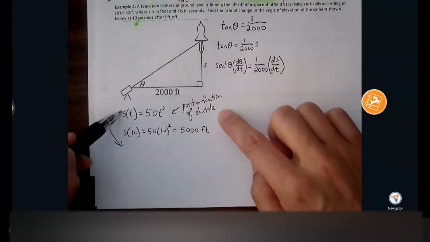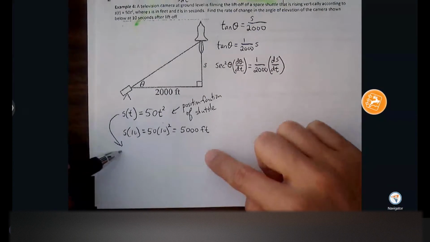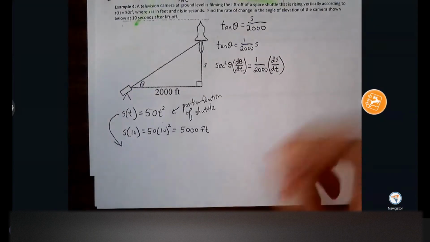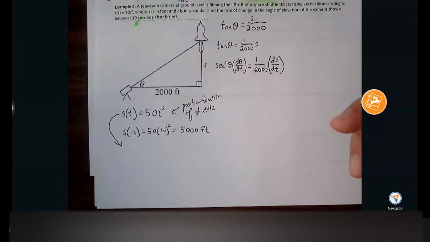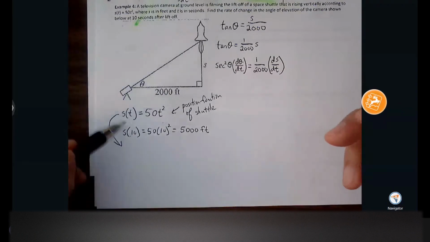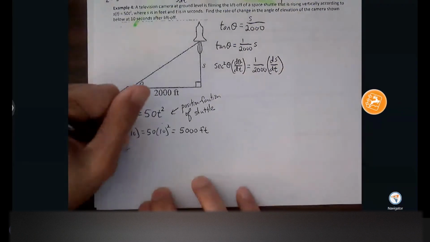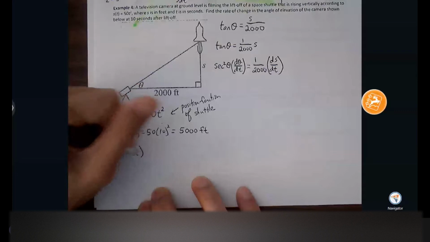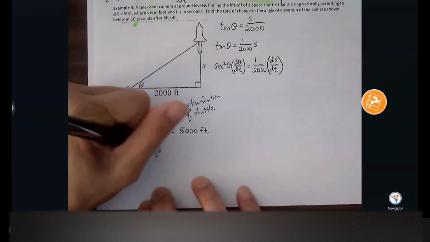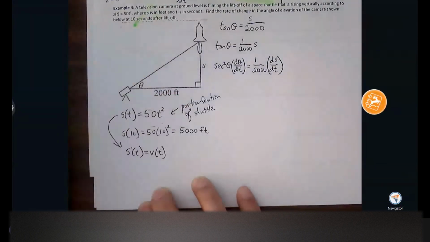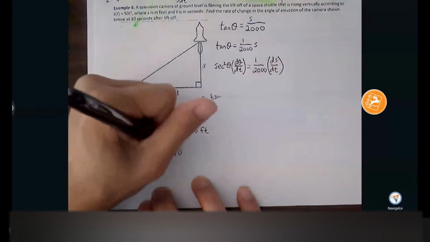If this is my position, what can I do to get to my velocity? Take the derivative. Yeah, take the derivative, right? So S can become, you can call it S prime, you can call it V of t, but either way, we go through power rule on the right side, so we get 100t.